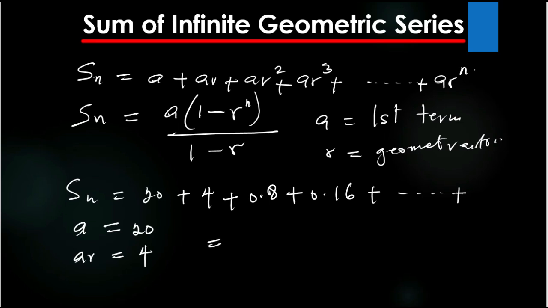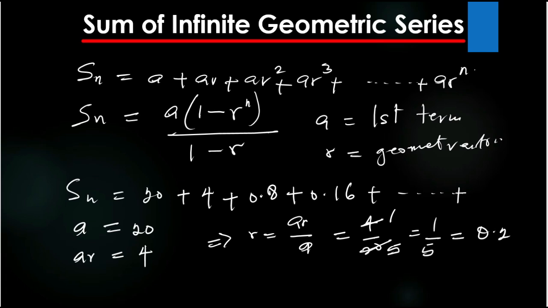So this implies that r will be equal to ar over a. Then r will be equal to 4 over 20. 4 here is 1, 4 here is 5. This is the same thing as 1 over 5, which is the same thing as 0.2. Now, if r is equal to 0.2, we can find the sum of any part of this geometric progression.